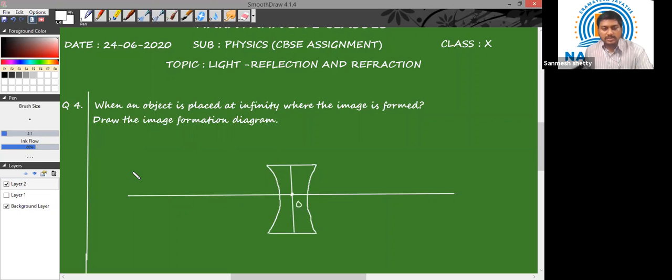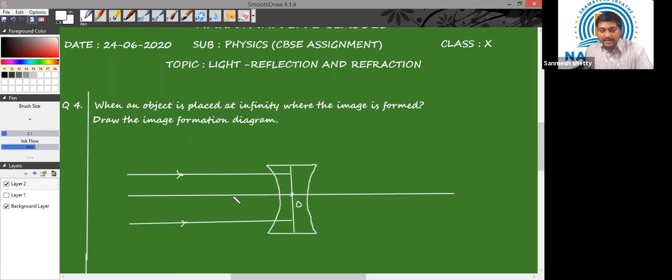So let us draw parallel rays of light. I have taken two parallel rays. When they are incident on my concave lens, they will get diverged.